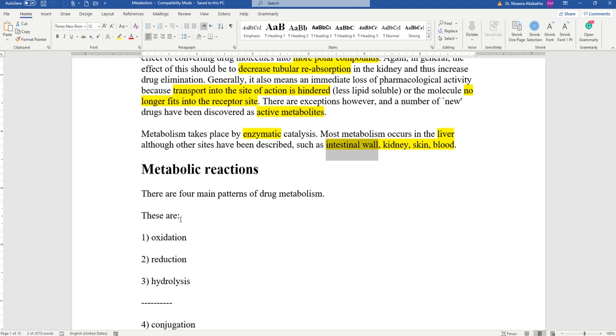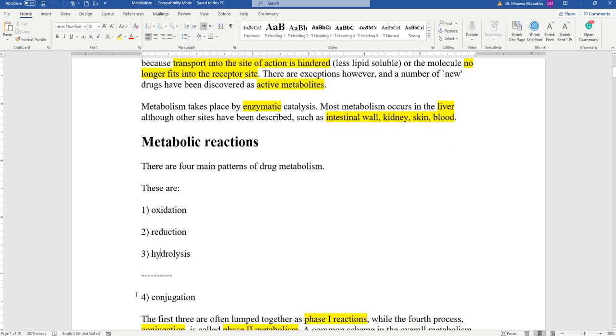It includes oxidation, which is the most common type of phase 1 reaction, but we also have reduction and hydrolysis. These three reactions belong to phase 1.